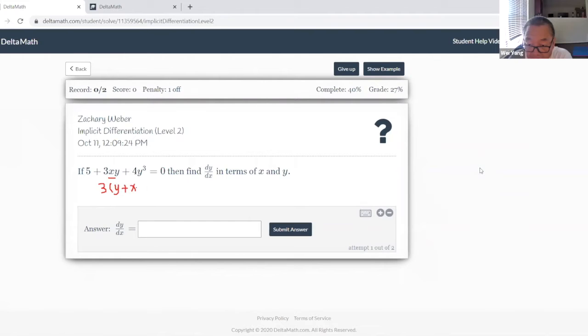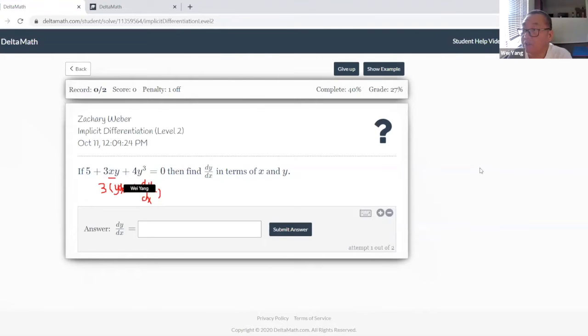So this one will equal dy over dx. Actually, when we take the derivative of this first term, x, it's 1, and it needs to be multiplied by dx.